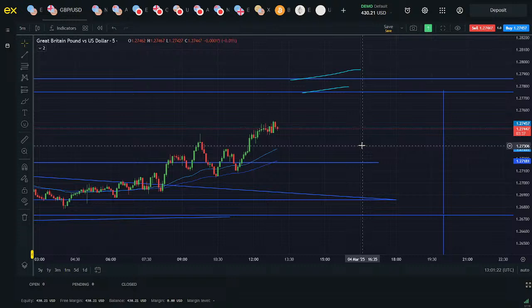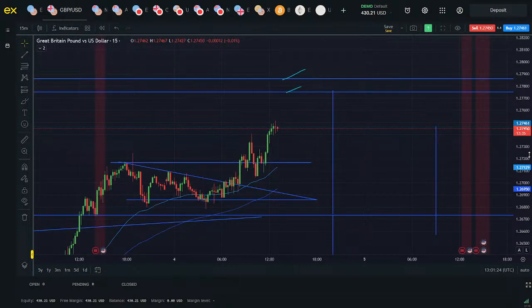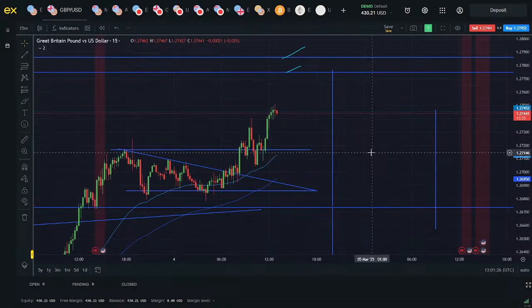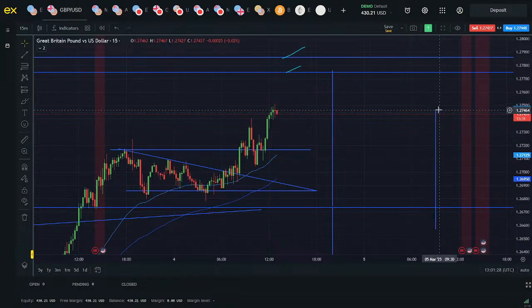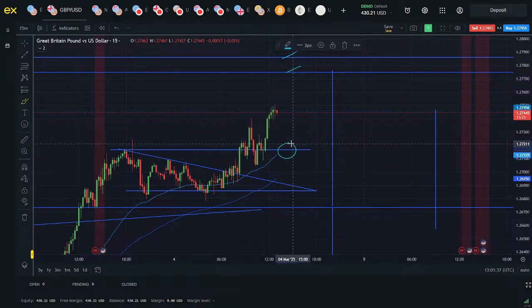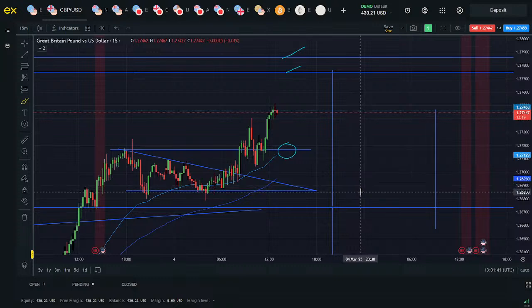Because this ascending triangle pattern has just completed, maybe the market just retraces to this very level. You can plan for a trade in this direction. Let's see how things work.